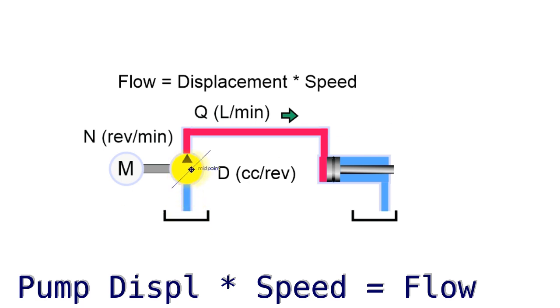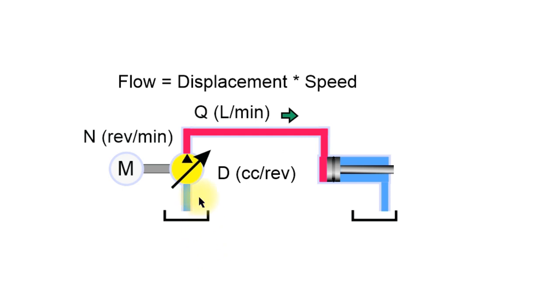Now, we can also have variable displacement pumps. With a variable displacement pump, the displacement changes, so the flow rate changes depending on its setting. We can control its setting in a number of methods, but we can drive the cylinder at different speeds based on this. This is not so common.